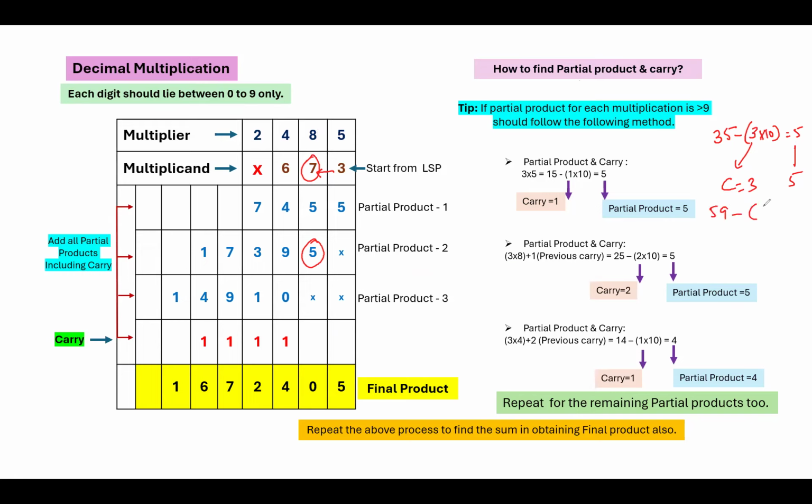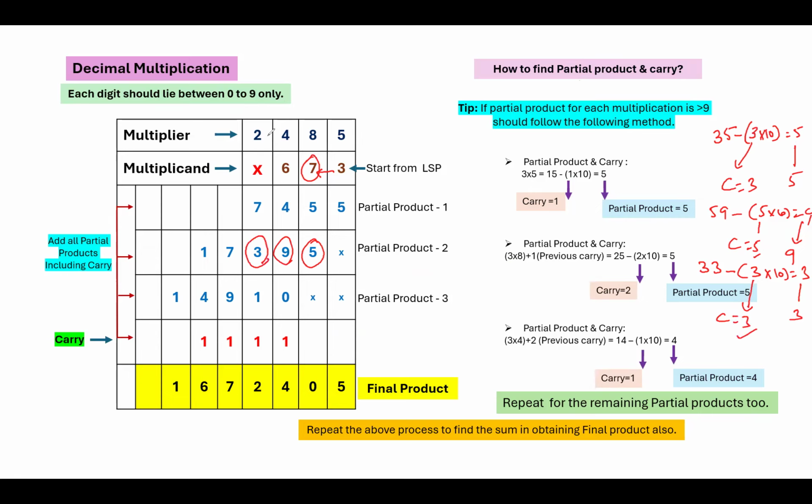Again calculate 5 into 10, the difference is 9. Carry equal to 5. 9 is the partial product digit. So 9 here. Next, 7 4s are 28 plus carry 5, 33. 33 minus 3 into 10 is equal to 3. 3 is the partial product digit and 3 is the carry. So write 3 at this place.